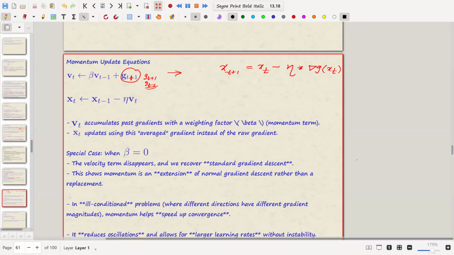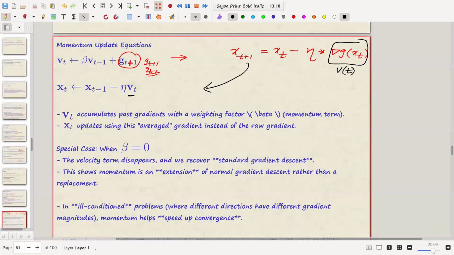Now in momentum, we are not using this gradient because it is not efficient for us. Instead we use the momentum, that is v_t, which you can see here. This is exactly the momentum method.